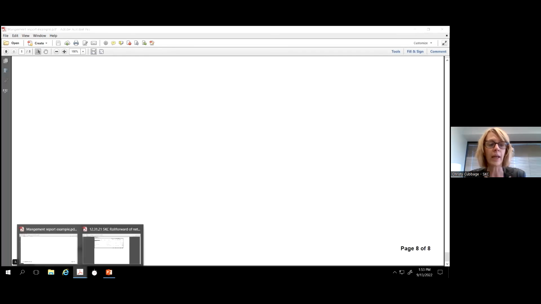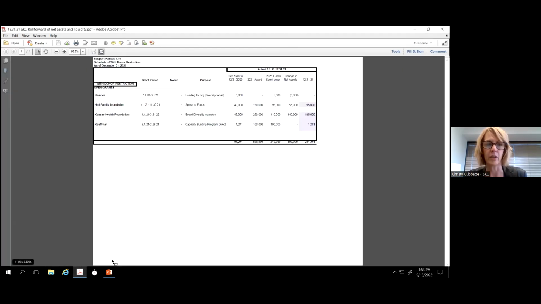I'm going to show you one last report. This is the format we use. I mocked this up for what we use. If we get grants, you can see that if Kemper gave us money for our diversity and inclusion project that we're working on, they may have given it to us in 2020, but we're not going to spend it till 2021, but we're going to track our spending.